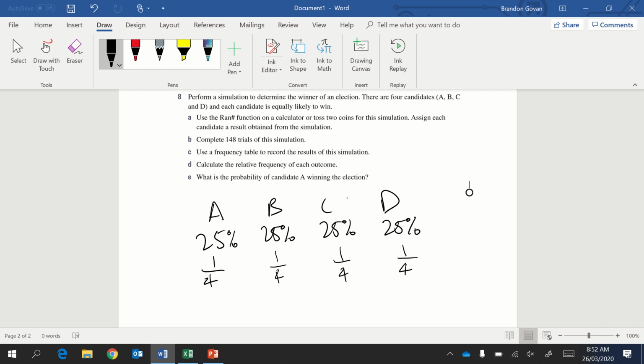We're going to use the program that I know you all love so much, Excel, just because it has a random number function exactly the same way as a calculator. But for you guys, you'll just be able to punch in that random number on your calculator and that'll give you the same result as what I'm getting from Excel.